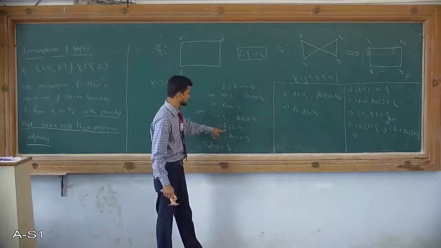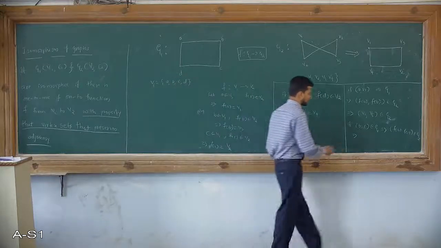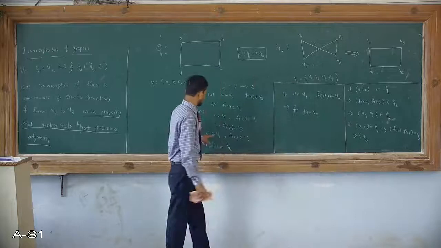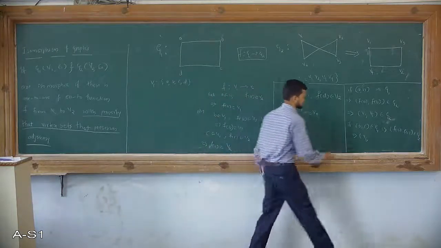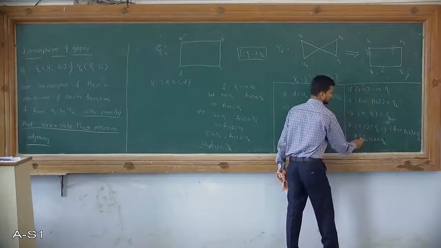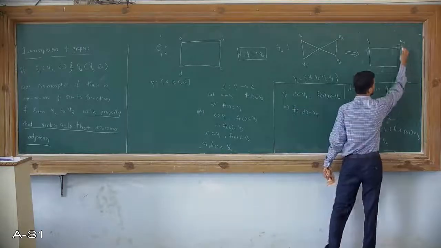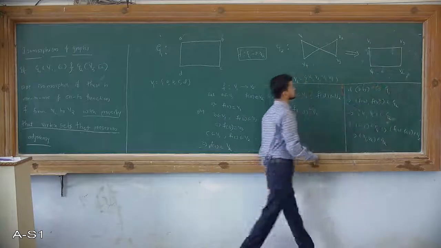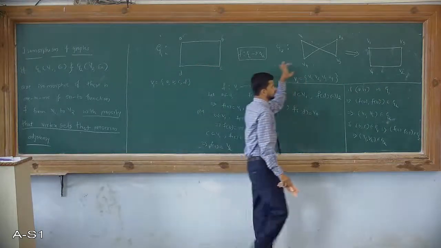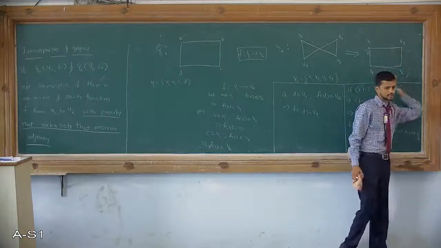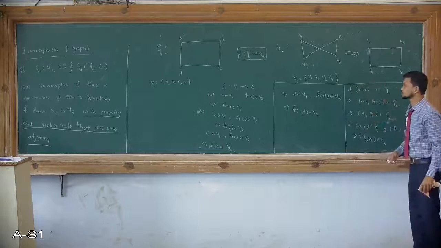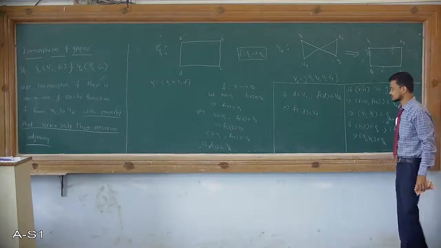In this definition f of B stands for V3. And what is f of C? f of C stands for V2. So V3 comma V2 is in graph G2. Therefore, if BC is adjacent, V3 and V2 are also adjacent. Similarly, we can develop all these relations. So then we can say graphs G1 and G2 are similar.